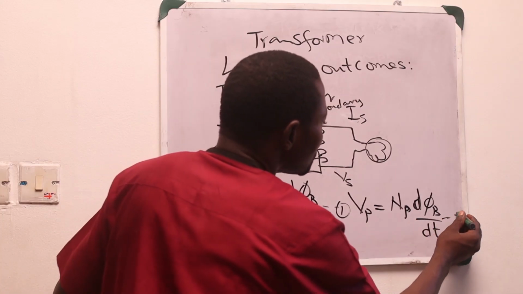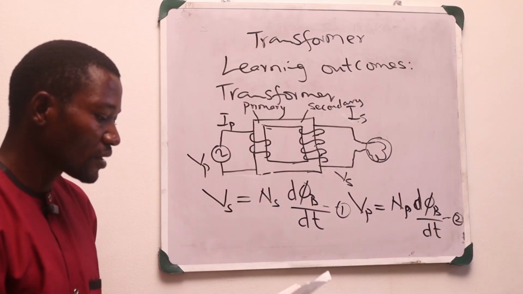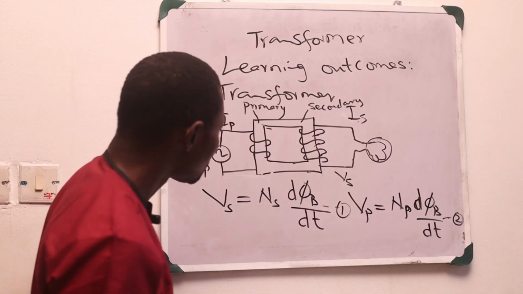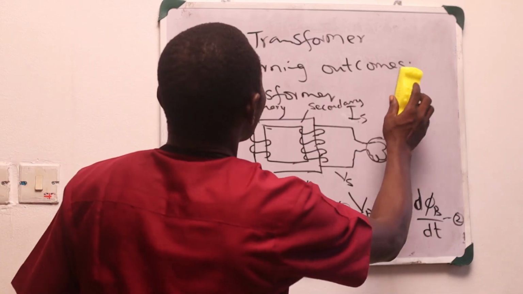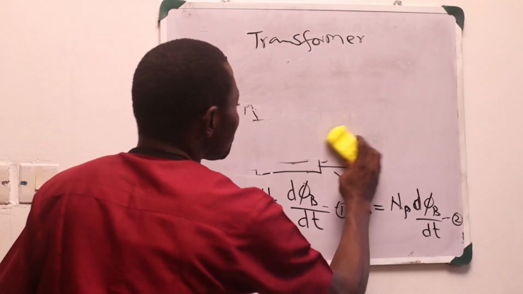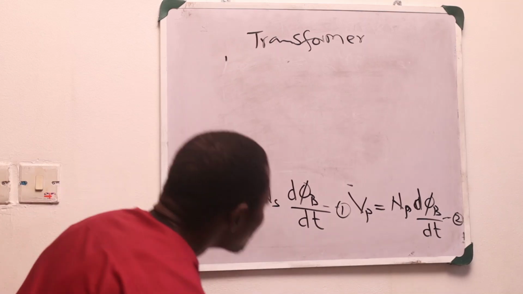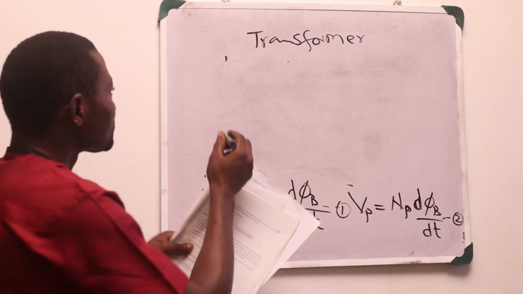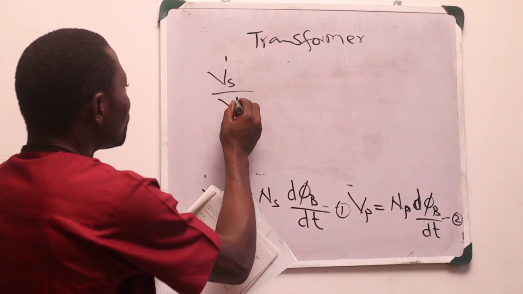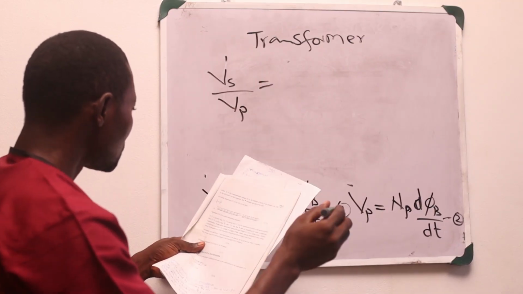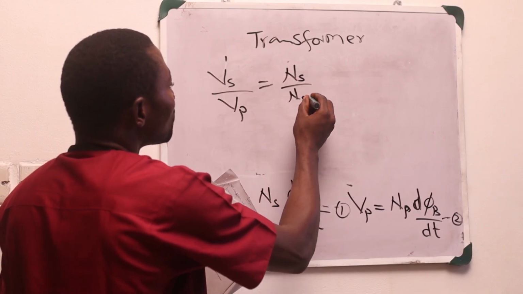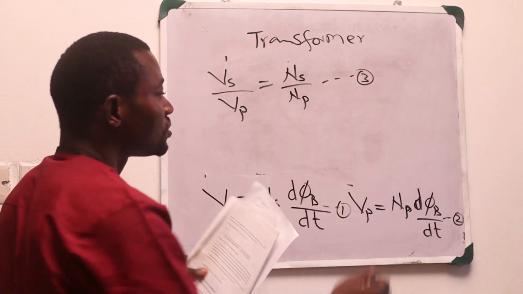Let's call this equation 2. If we equate equation 1 and 2, we will have that voltage in the secondary over voltage in the primary is equal to number of turns in the secondary over number of turns in the primary. Let's call this equation 3.